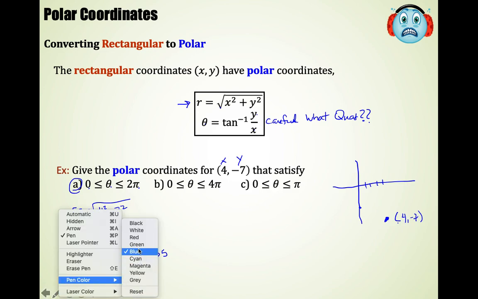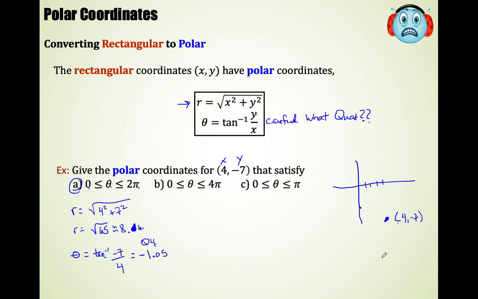So what do I have to do? So these polar coordinates are, r is the square root of 65, right? So that's going out to a radius of 8-ish, and then spinning around how far?